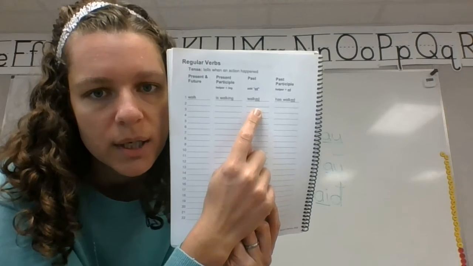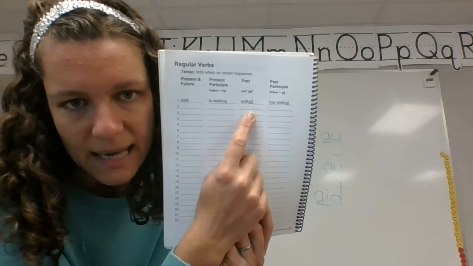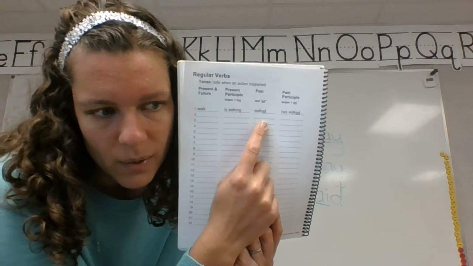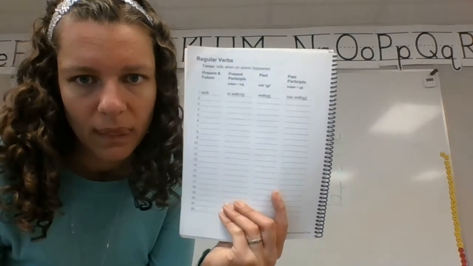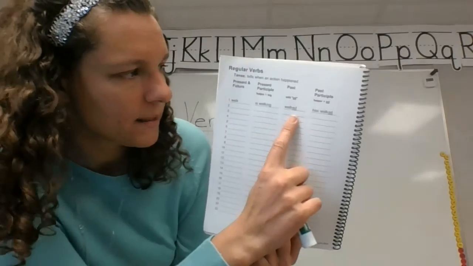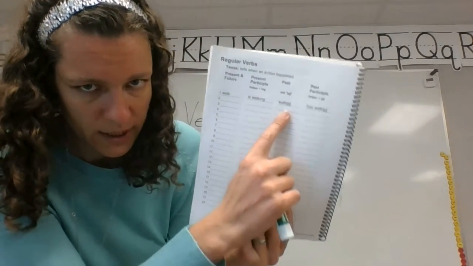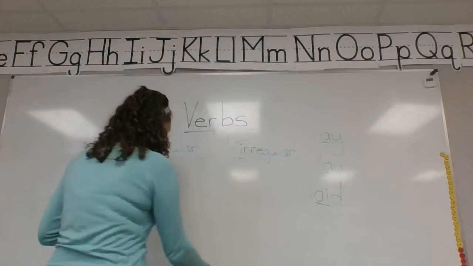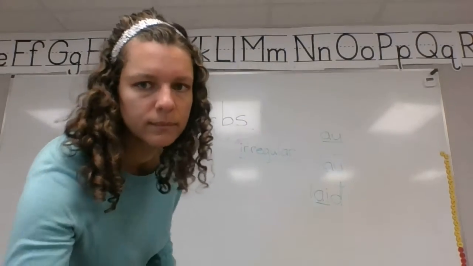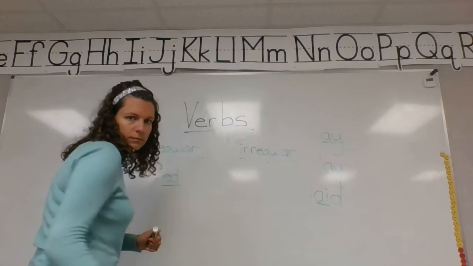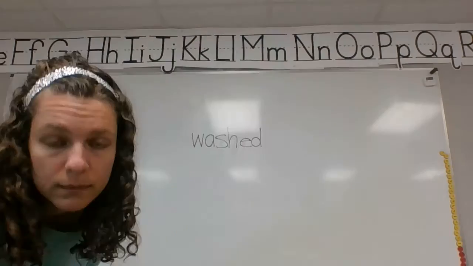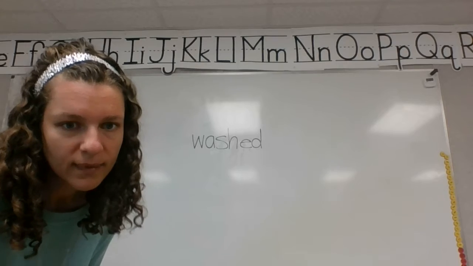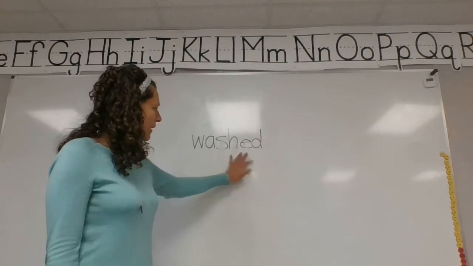So wash, and then we're going to add our ed past tense ending. After you've written it, let's see. I'll go ahead and write washed for you so you can check your work. All right, so this is how we would write washed.